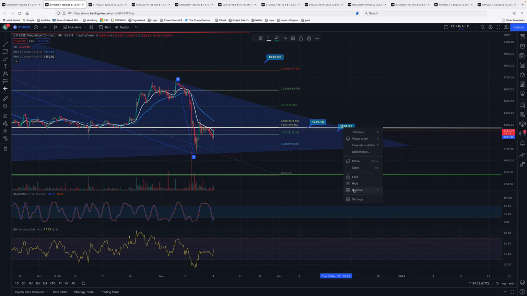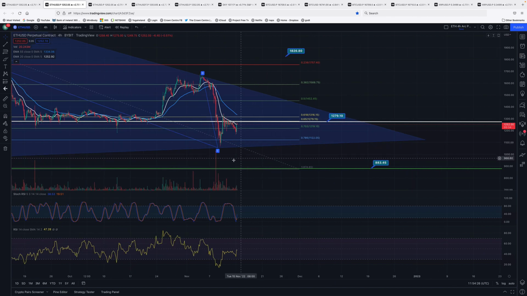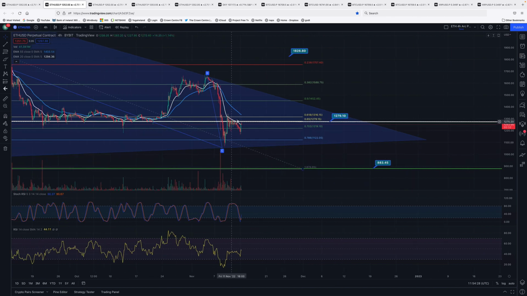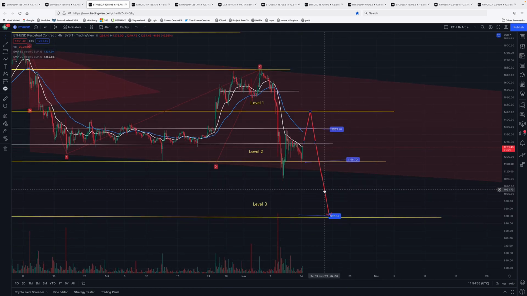So here's a beautiful technical pattern: we break it, we back test it, we get rejected, we come down. So again, for Ethereum, I believe that we might see some downward movement today.